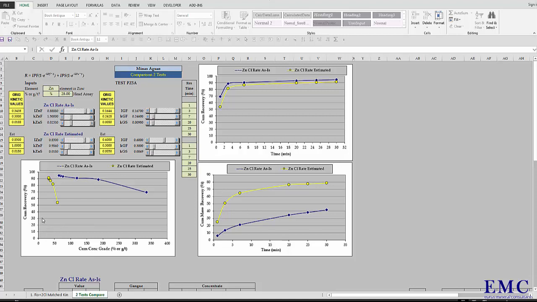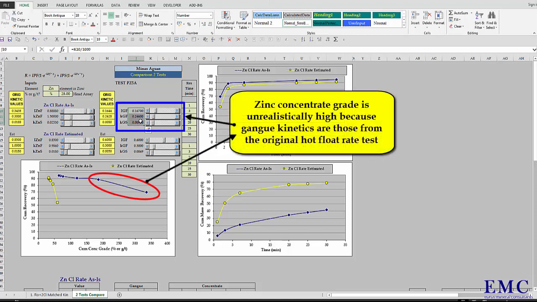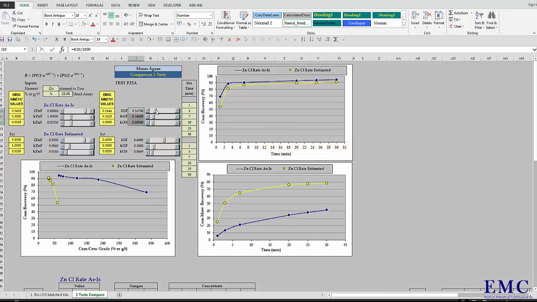Obviously you see down here on the cumulative recovery concentrate grade, you can't have a zinc concentrate grade of about 350% because practically we've left the kinetics of the original rate test of the gangue very low. So those have to go back up to what the plant is, which is roughly 0.6.